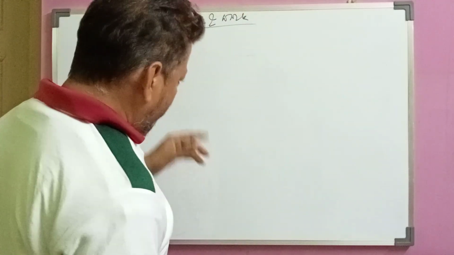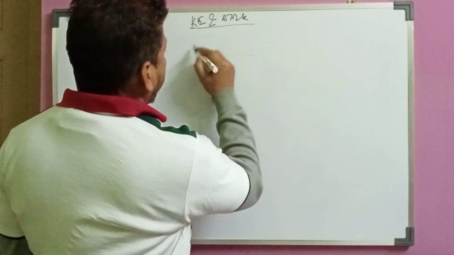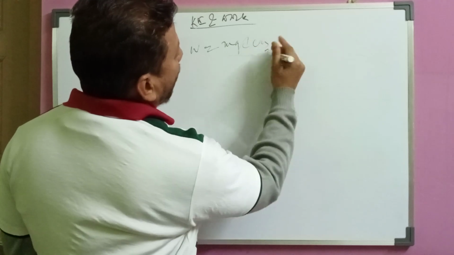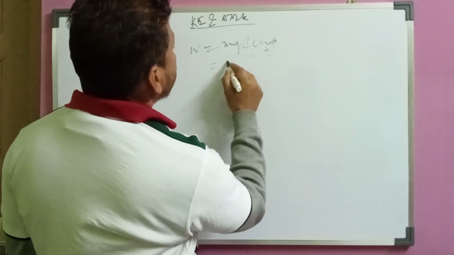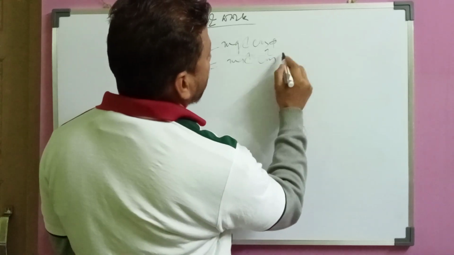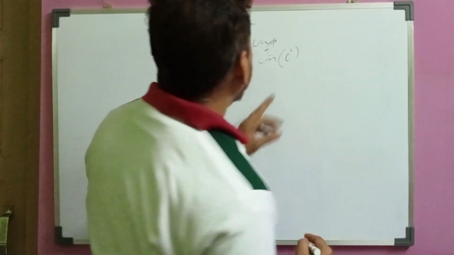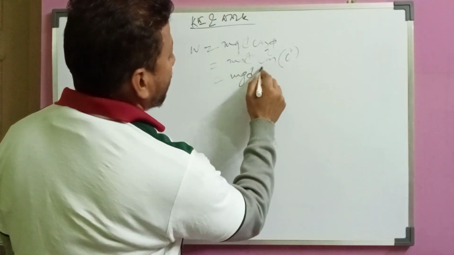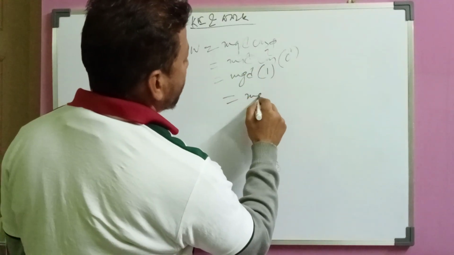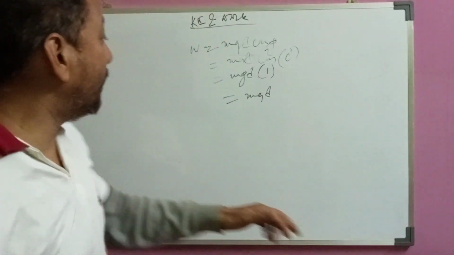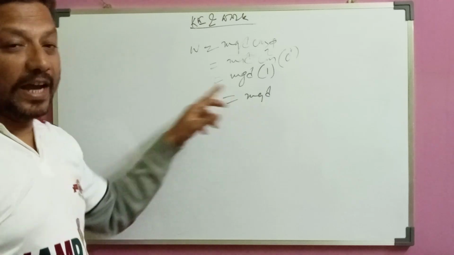Again, W is equal to mgd cos phi, and with cos 0 degree, cos 0 is equal to 1. So mgd into 1 will be mgd. So there are two scenarios: against the gravity and along the gravity, minus and plus.